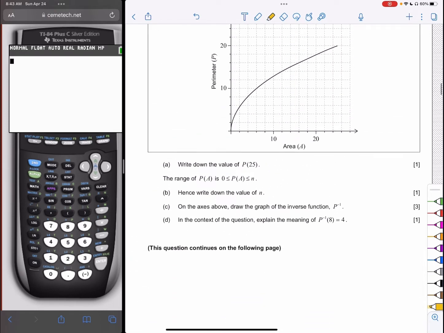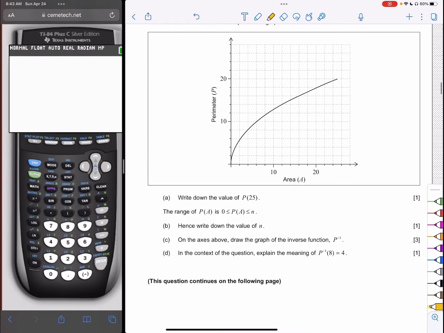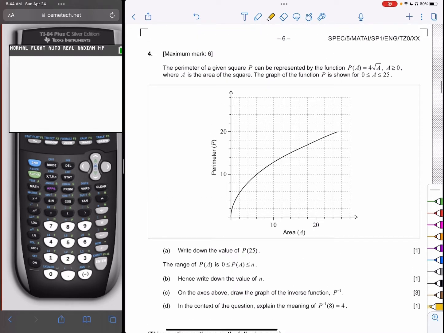For part B, it says the range or the possible y values of P of A is going to be from 0 to some value of n inclusive. Well, if we already know that the domain goes from 0 to 25, then to find the upper value of my range, I need to use the upper value of my domain.